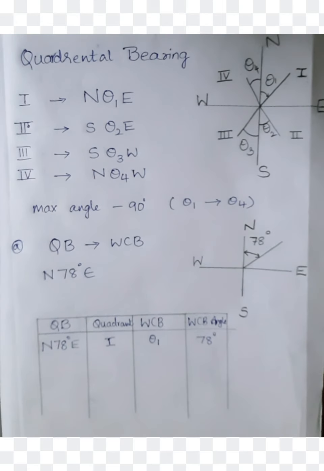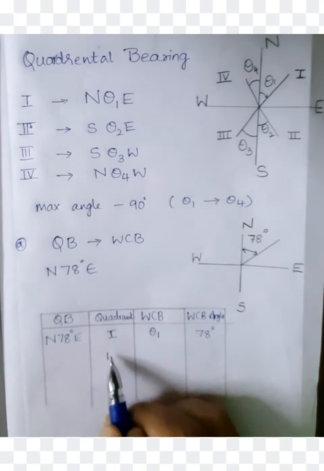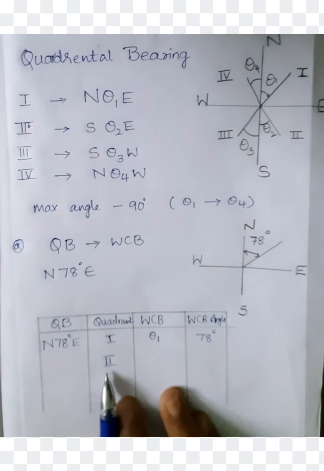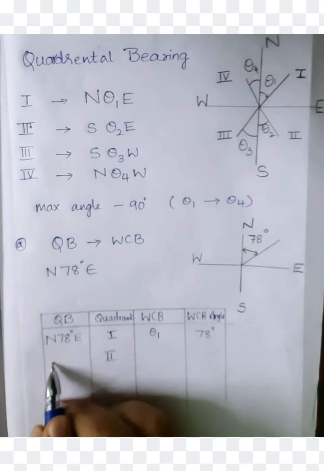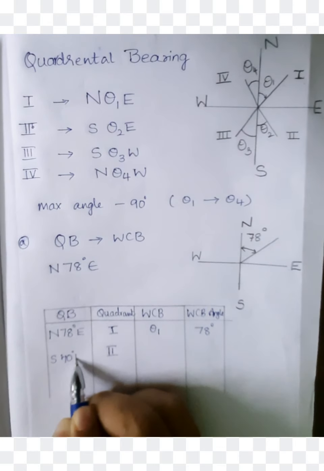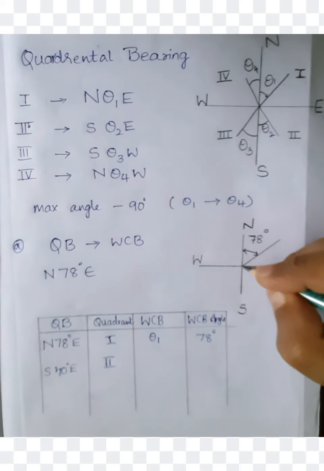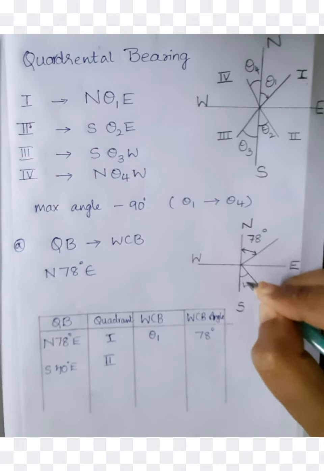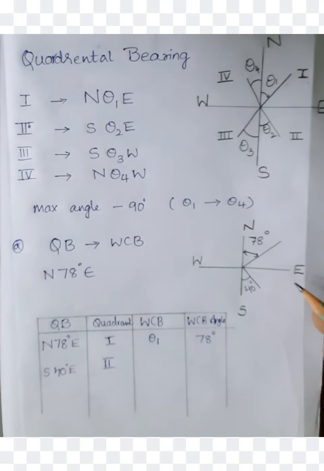Now I have taken an angle in the second quadrant for the quadrantal bearing system. The second quadrant belongs to southeast, so suppose I have taken south 40 degrees east. Your angle is this way, 40 degrees from south toward east.